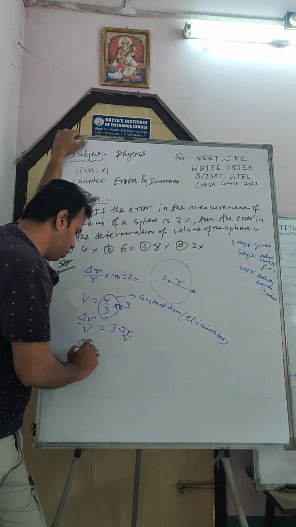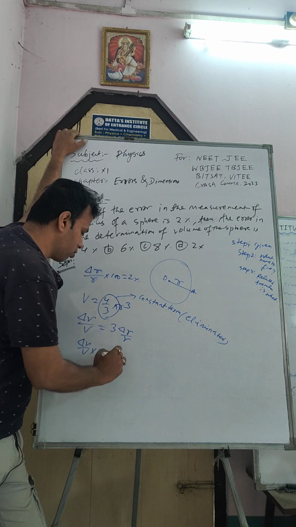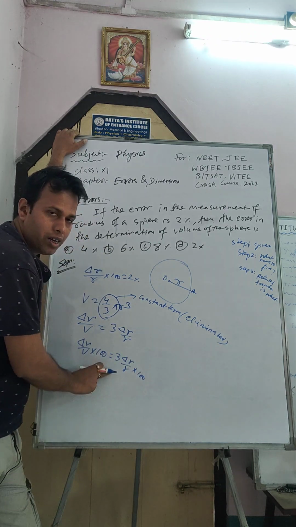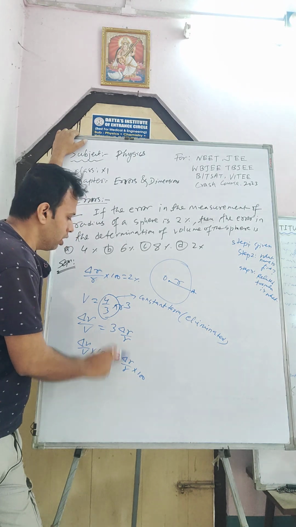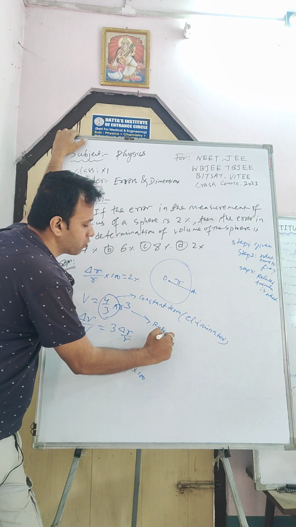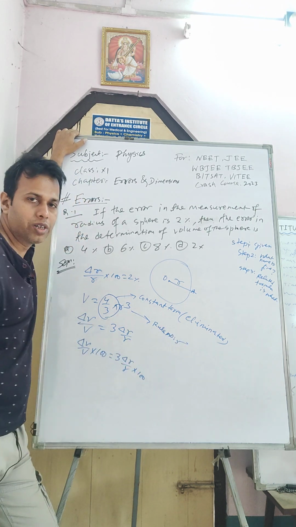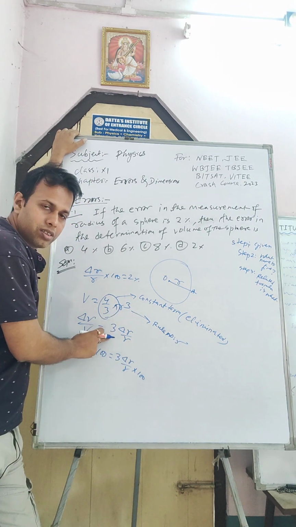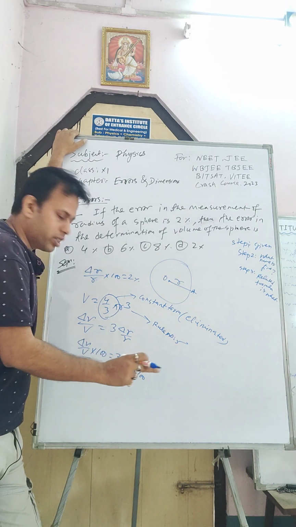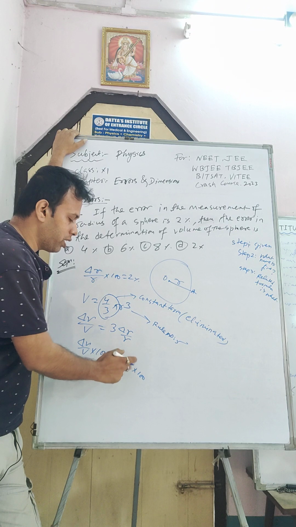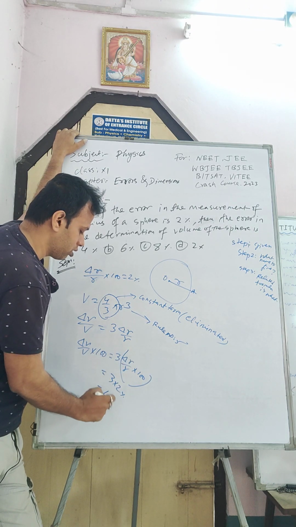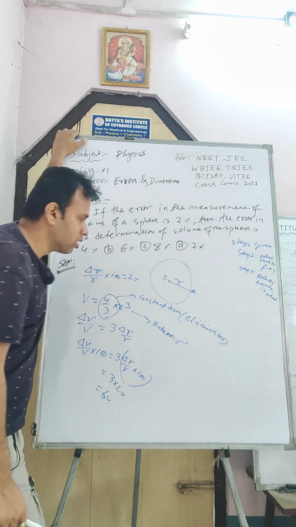So del V by V into 100 equals 3 into del r by r into 100. I am multiplying by 100 so it comes out in percentage. Here I use rule number 5 from combination of error. The power comes out in front, and del r by r will be there. So if we multiply by 100, it is del V by V into 100 and del r by r into 100. So it comes to 3 into 2%, that is 6%. Okay, got my point?